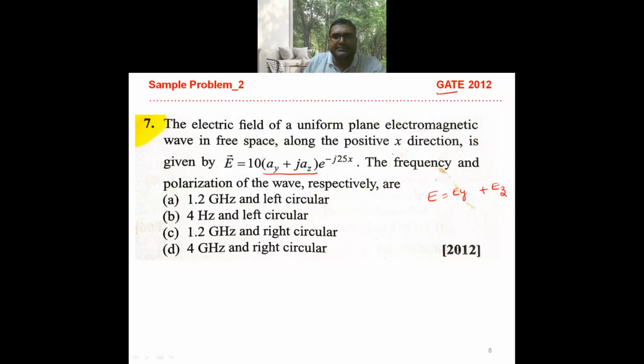The electromagnetic wave is traveling in x direction, which implies e power minus j25x. The electromagnetic wave traveling in positive x direction has a y component and a z component, in such a way that a plus j a z. The phase difference between the two components is 90 degrees.